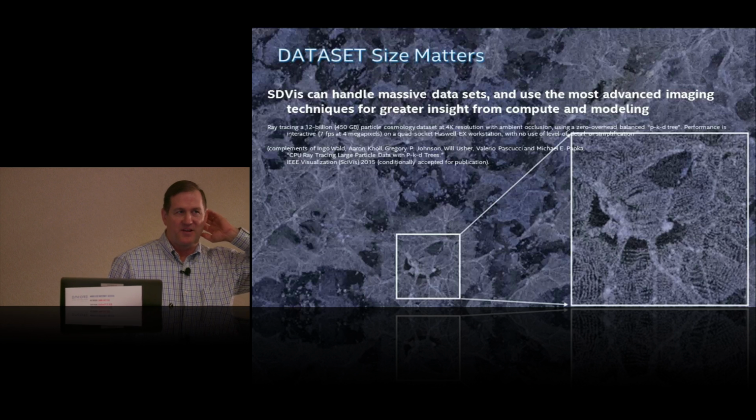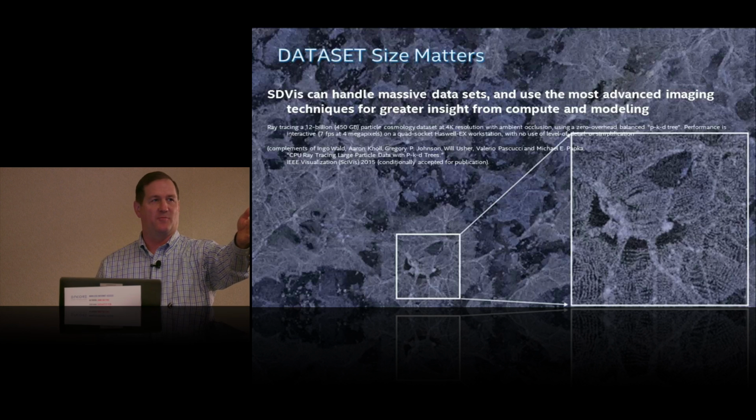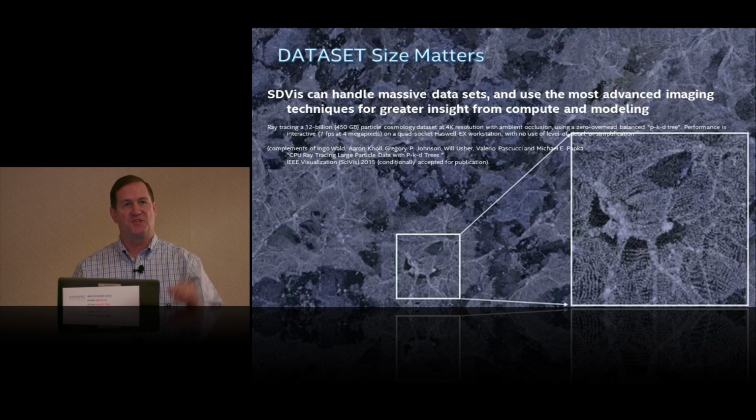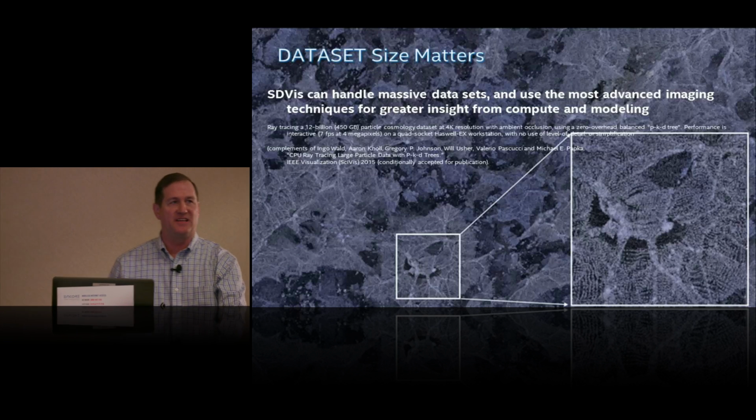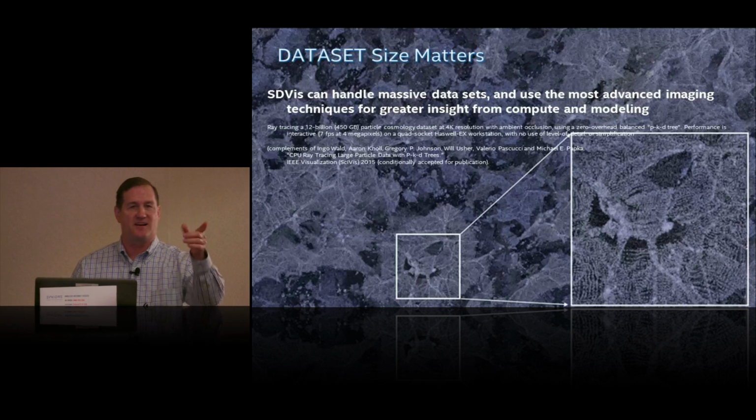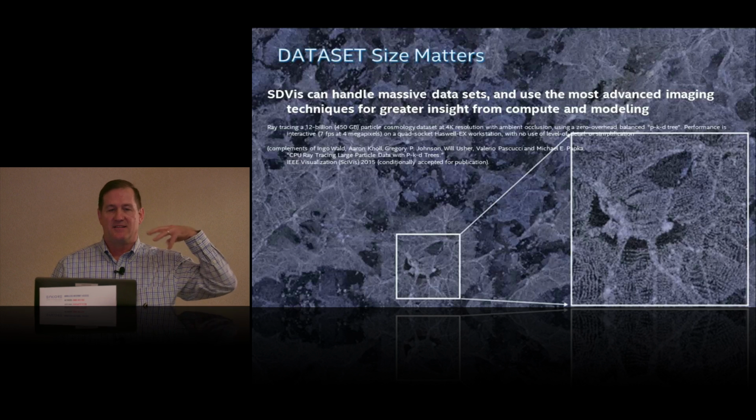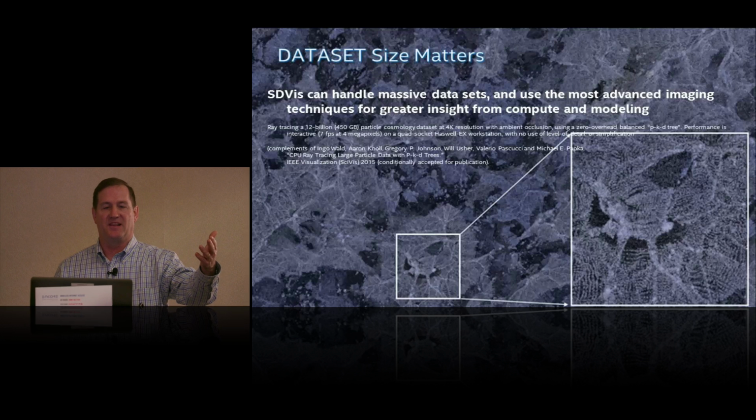So he's got 30 billion particles that can actually be interacted with live on a single workstation machine, although a very powerful E7-based machine with 3 terabytes of memory. But to enable that manipulation, it just never would work on a GPU-based system.